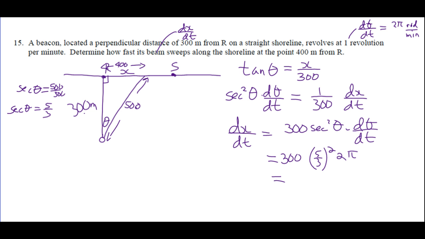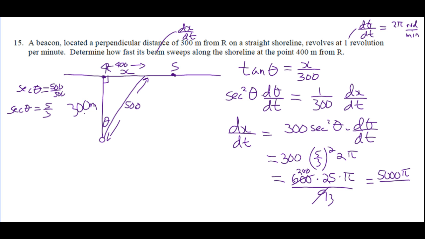So what do we got? 600 pi, so 600 times 25 times pi over 9. 200. 200 times 25. Well, that's like 2,500 doubled, right? So that's 5,000. 5,000 pi divided by 3.